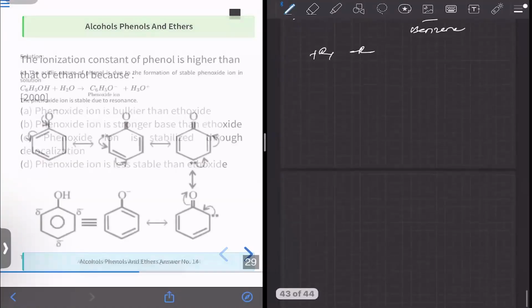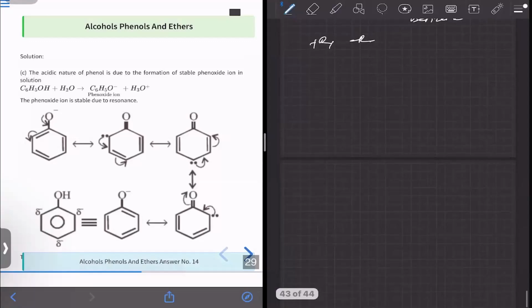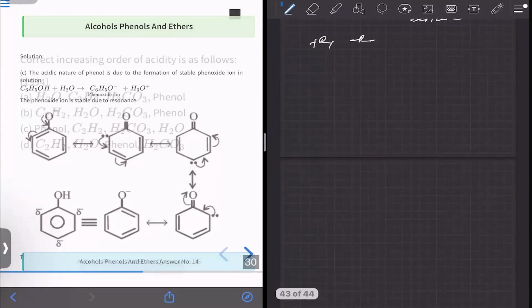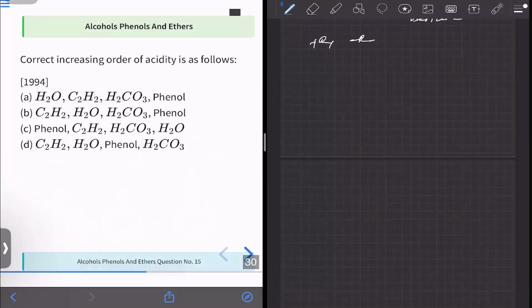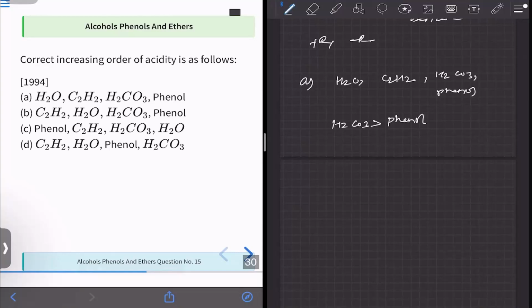Next question. They're asking for the decreasing order of acidity. Options include water, C2H2, H2CO3 and phenol. We all know that H2CO3 has a less acidic nature as compared to phenol. We just discussed this concept.